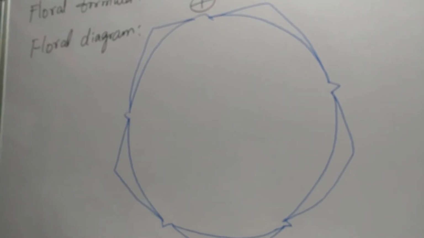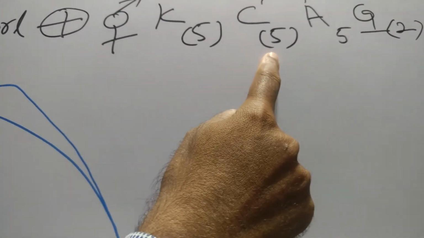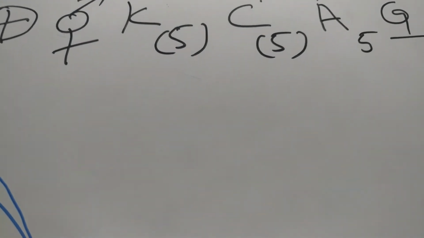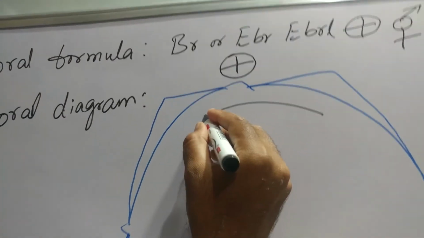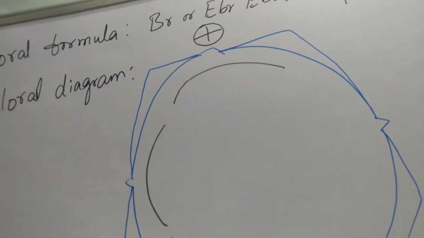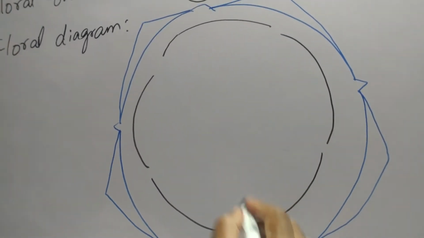Now we can go to the next. There are 5 petals, the same as the sepals. They are located in the same manner. We also find 5 petals in the Solanaceae family.